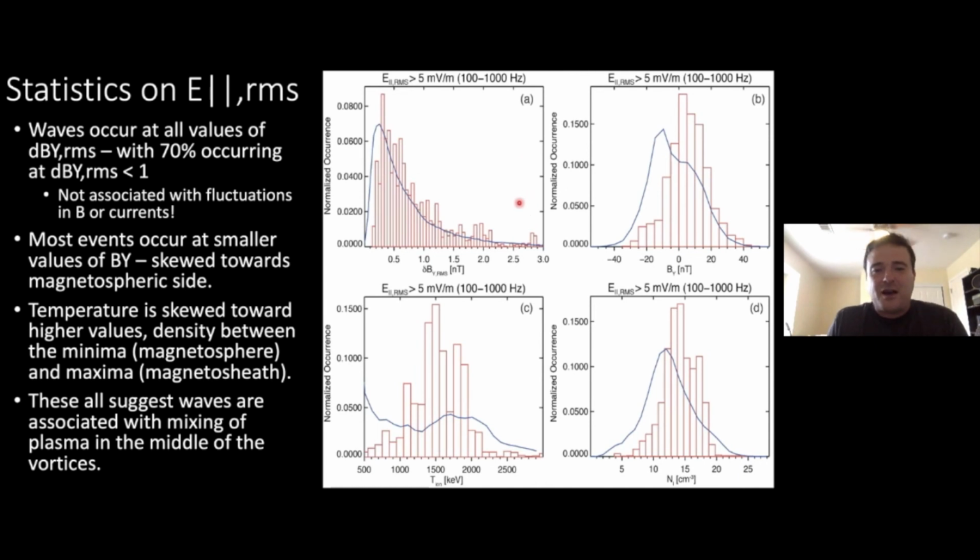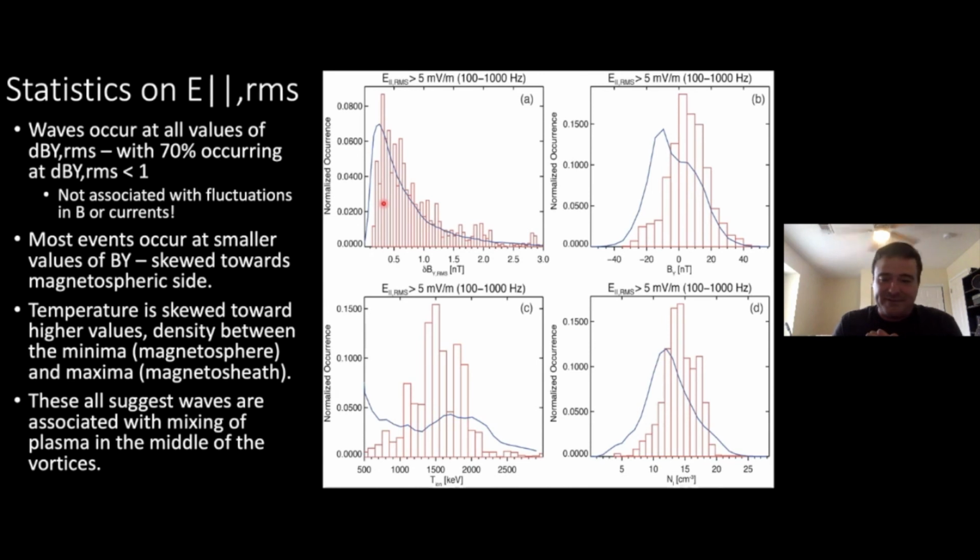First off, the waves tend to occur at all values of our RMS delta BY. You can see that 70% of them actually occur at fairly low delta BY. And so when we have a large fluctuation in B, that means you're near intermittent structures or currents. And what we see is the waves seem to have no correlation with the presence of currents.